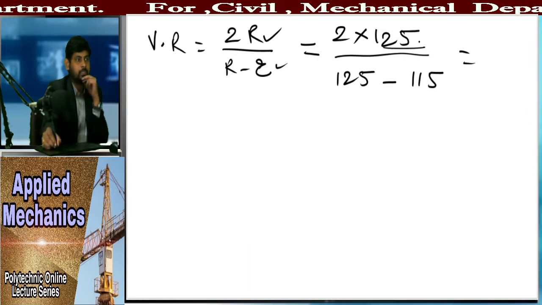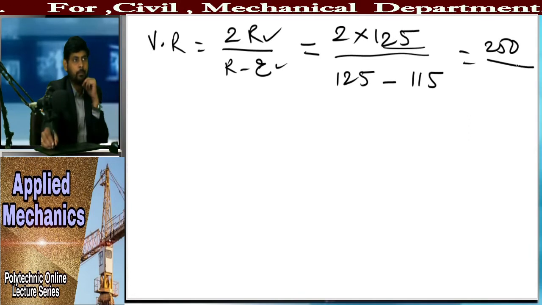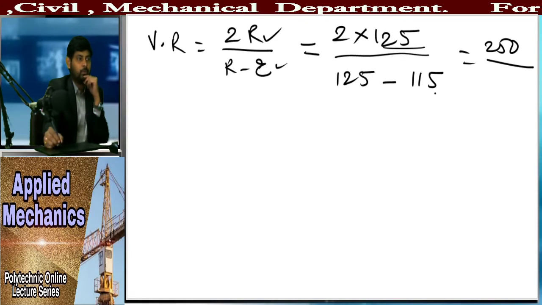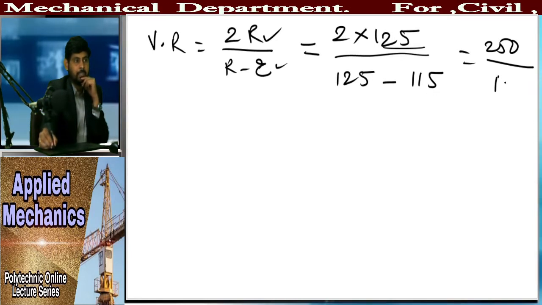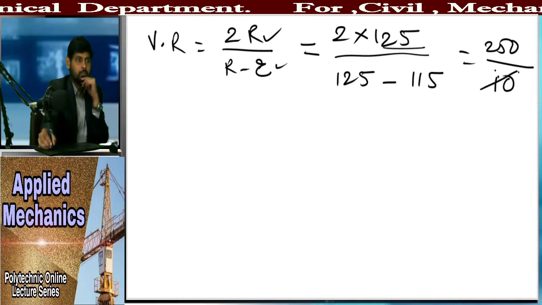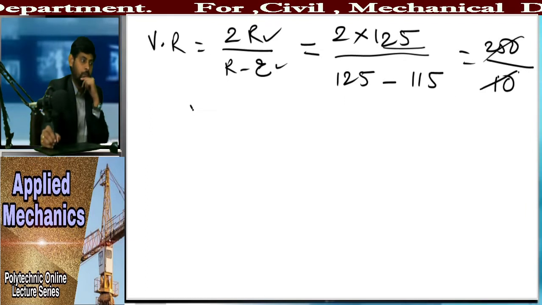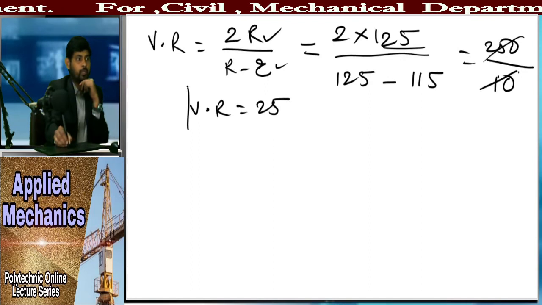You can see here, 125 multiplied by 2 is 250, divided by 125 minus 115, that is nothing but how much? Yes, 10. So 250 divided by 10 is nothing but 25. So you will get the velocity ratio equal to 25.